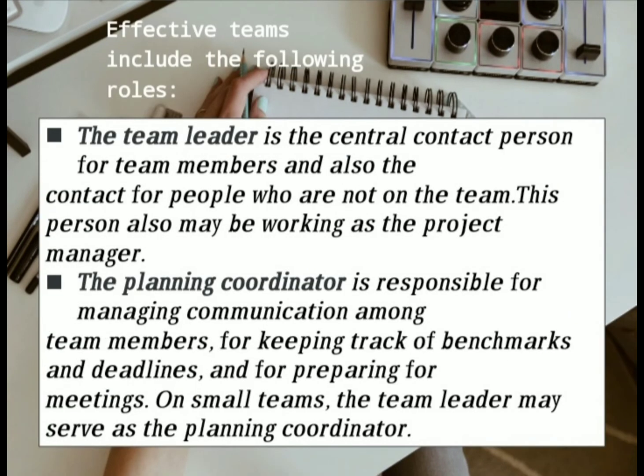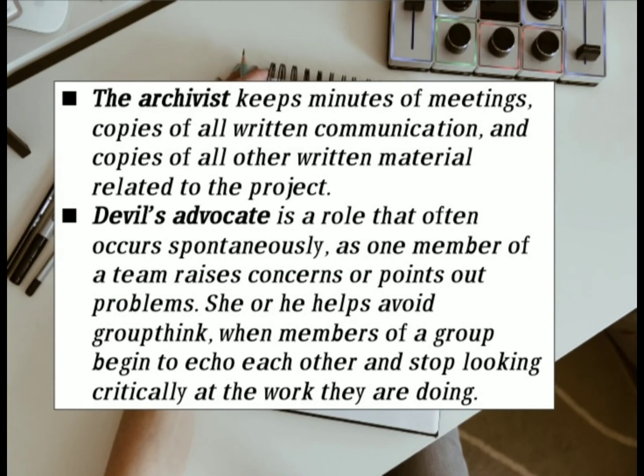Effective teams include the following roles: the team leader, which is the central contact person for team members; the planning coordinator, who is responsible for managing communication among team members; the archivist, who keeps minutes of meetings; and the devil's advocate, whose role is to raise concerns or point out problems.